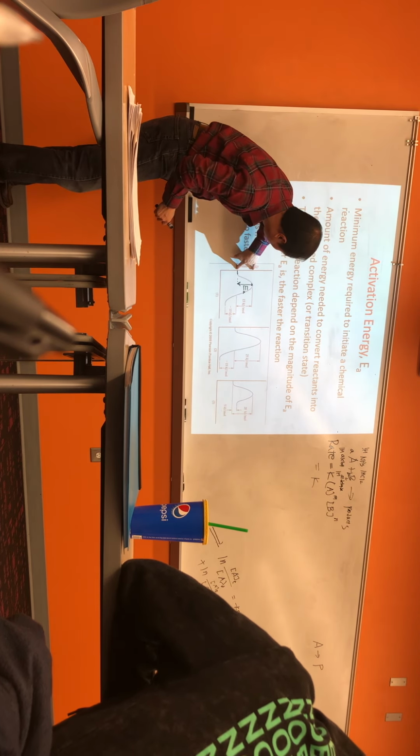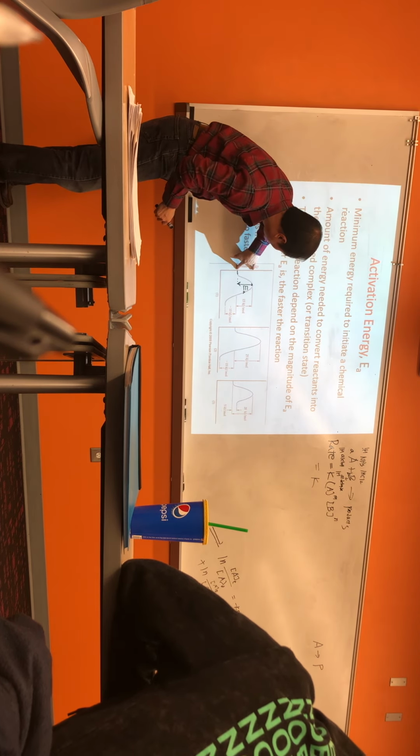Wait, can you explain one more time how you got the order? Are you subtracting? We are looking at the difference between the reactant and the transition state, because that's the height of the barrier. So the height of the barrier is what determines the reaction rate, not the reaction rate constant.